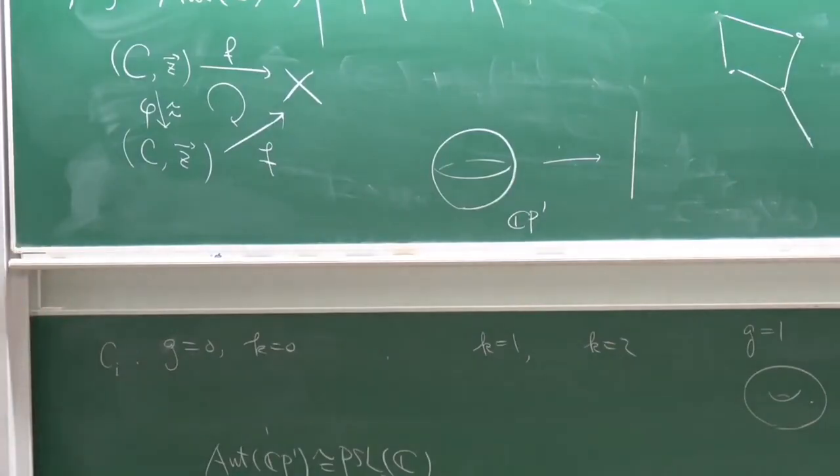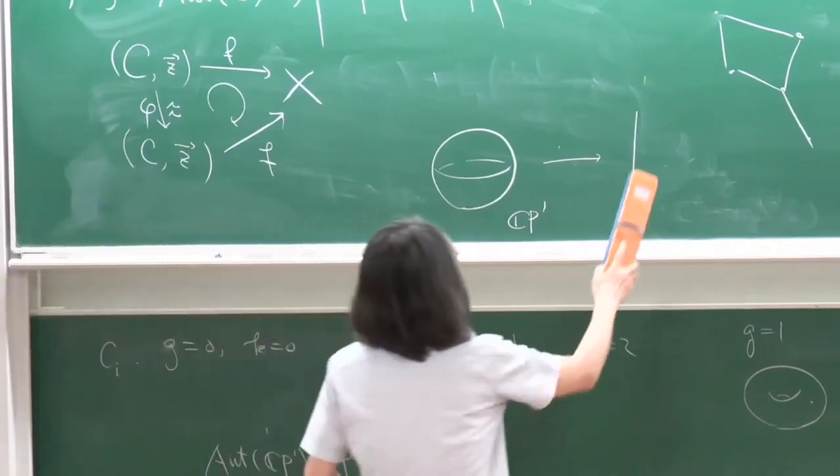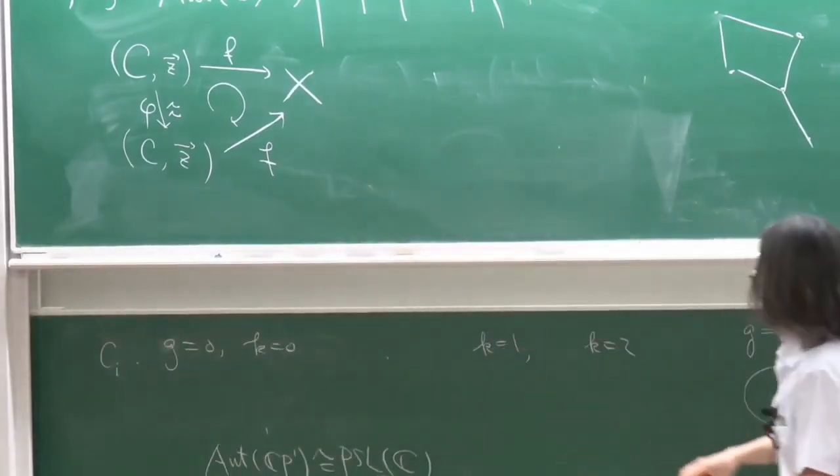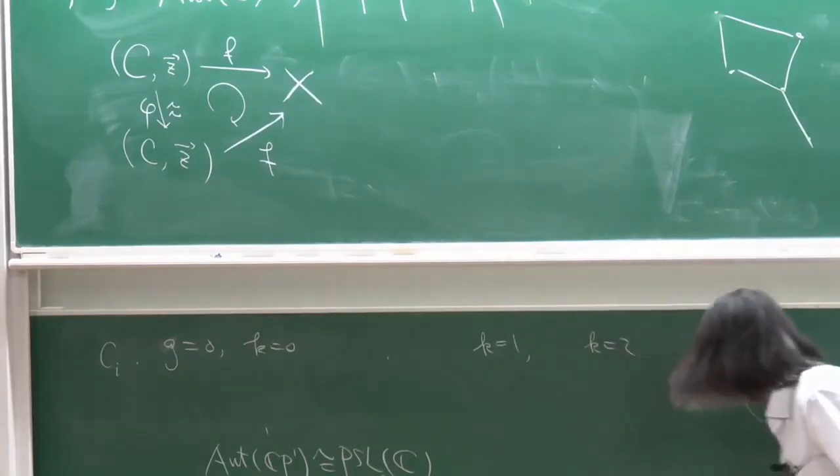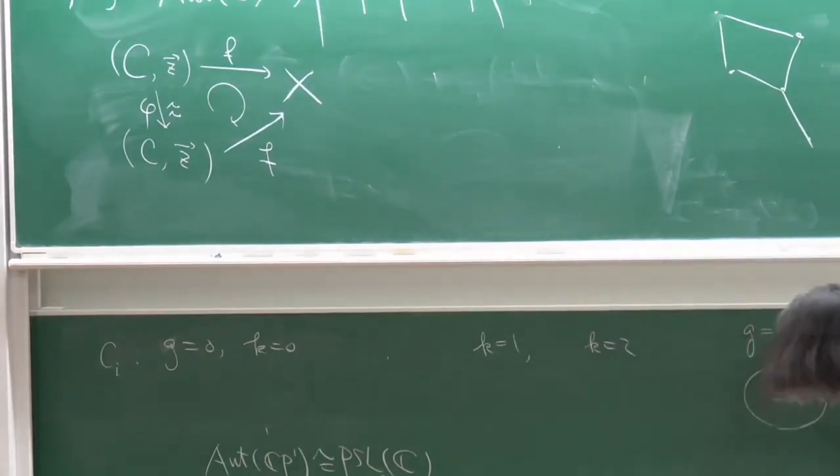So therefore it is not finite. But in my case, I only consider holomorphic maps. So the non-constant condition is enough to say that this is finite. So similarly here and here. Okay? So we have several cases.